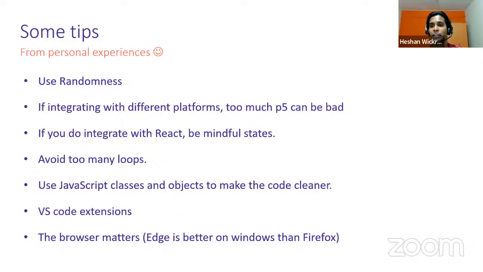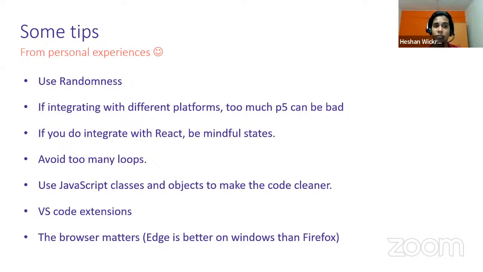Don't go beyond that, since that logic is going to be executed every time it draws a frame. And use JavaScript classes and objects to make the code cleaner. So it makes your life way easier when you code art.